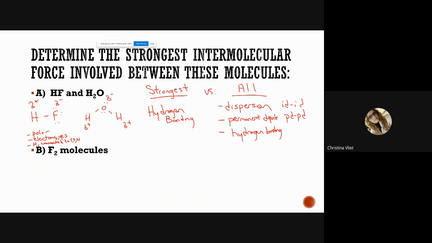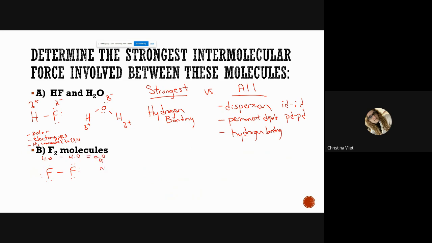It's just dispersion, right? So let's take a look at F2 on that note. This is F2. Polar or non-polar? Is it polar? If you have your numbers, just use them as a crutch. 4.0 and 4.0, what's the difference between those two? 0.